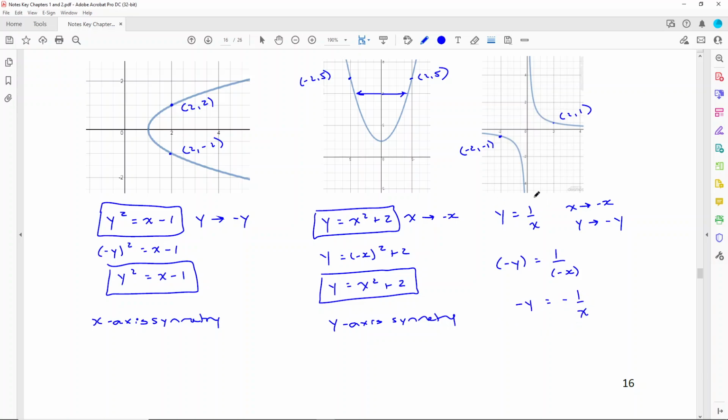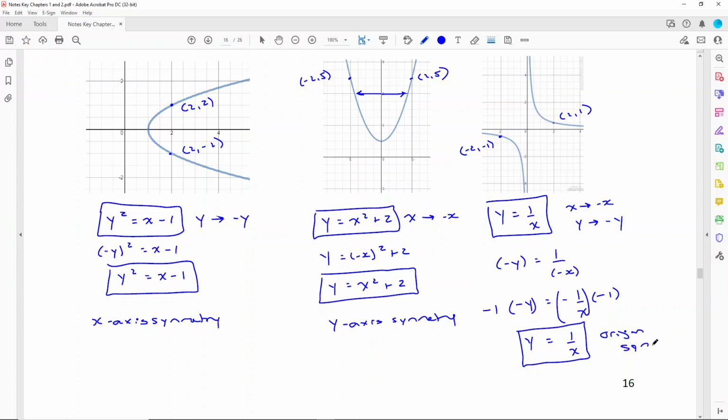Well, that's not technically the same as this yet. So what I want to do is change it. Let's multiply both sides by -1 because that just looks easier. I'm allowed to do something to one side as long as I do it to the other. So I multiply both sides by -1, and I end up with y equals 1 over x. Now this equation is equivalent to my original equation, and so it has origin symmetry.